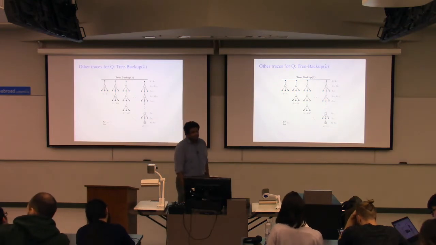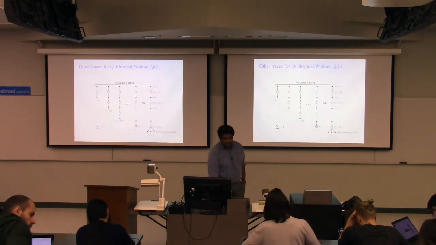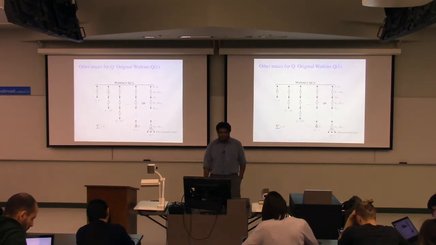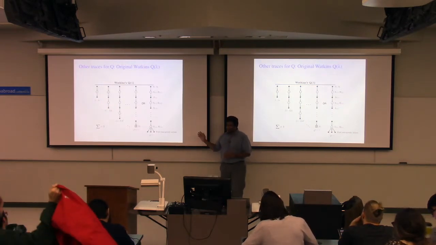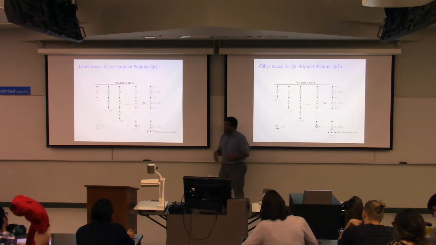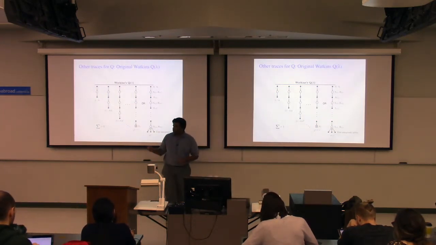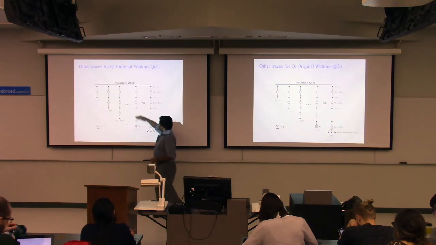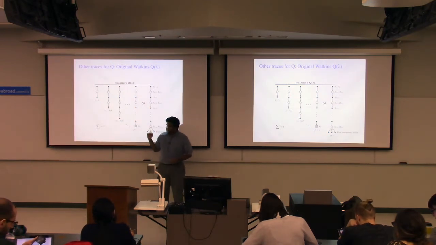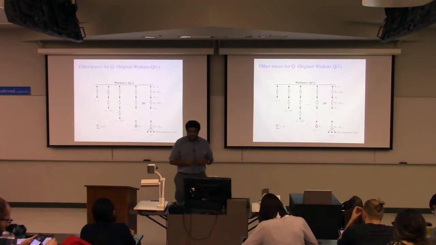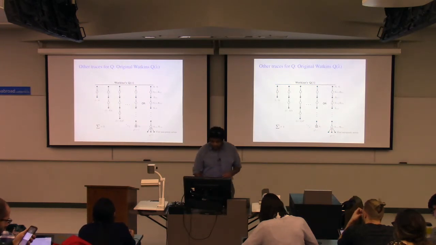So actually, before I show this, let's go back to this one. These backup diagrams are familiar, okay? And you understand what they're intending to express, right? So you take the weighted sum of these trajectories, and at least that's the way that you can understand them.